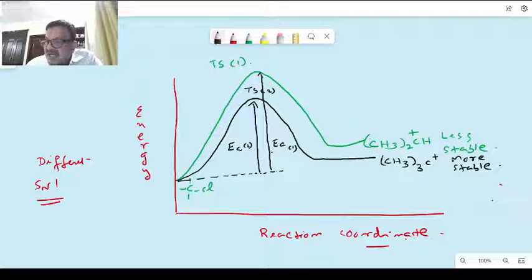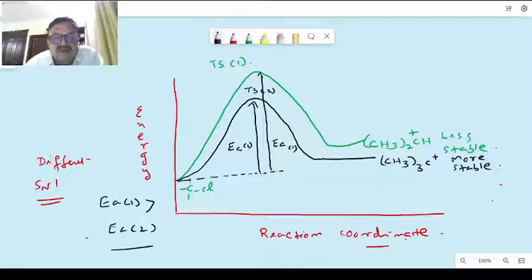Now, reaction 1 is a slower reaction, we have seen. Therefore, EA1 is greater than EA2 because of the energy consideration. EA1, that is the energy of activation for reaction 1, is higher compared to the energy of activation for reaction 2, where the more stable carbocation is involved.